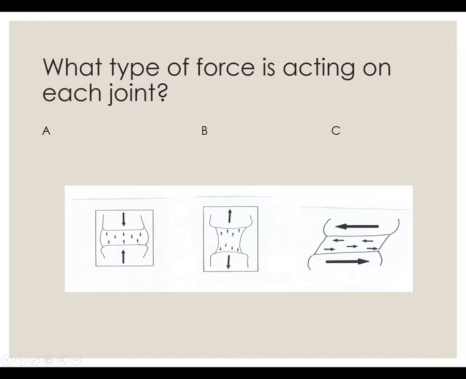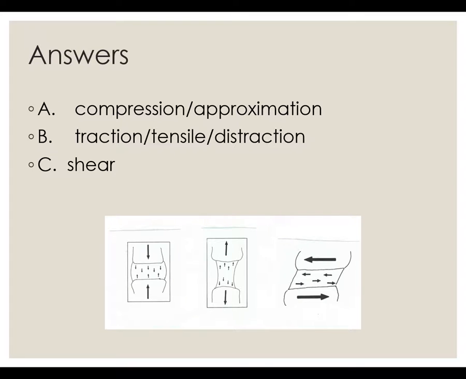You can also use these pictures to talk about what's called compression or approximation. It's when two areas will compress or push against each other. And then you've got traction or distraction, and that's when two objects are pulling away from each other.